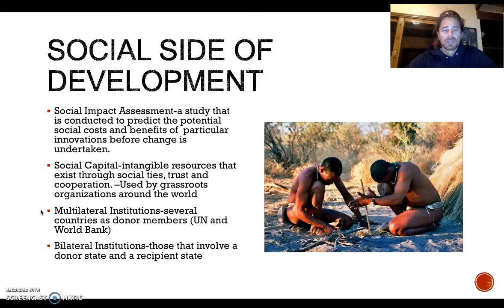Multilateral institutions, several countries, are used as donor members. The UN and the World Bank are part of these multilateral institutions. Bilateral institutions are those that involve a donor state and a recipient state. So that could be a specific country asks for a loan and then we loan them money.